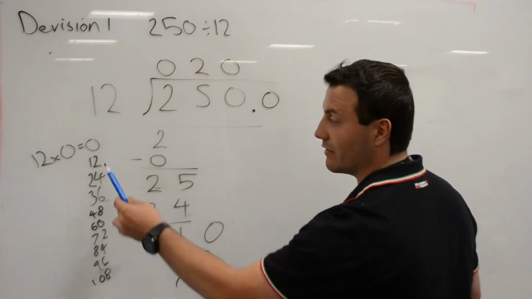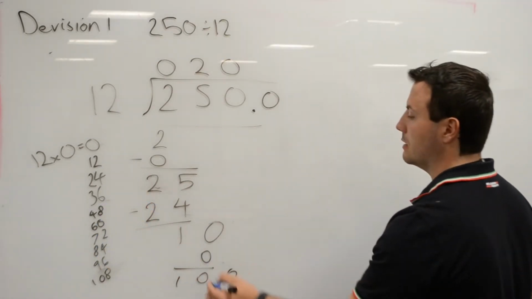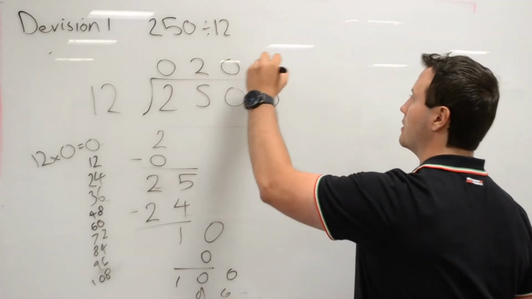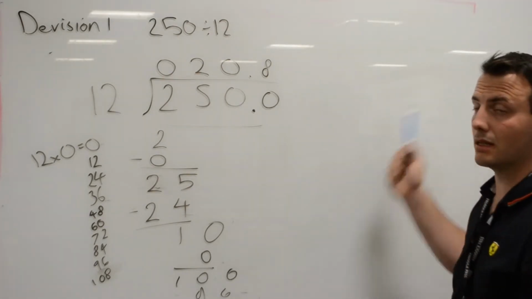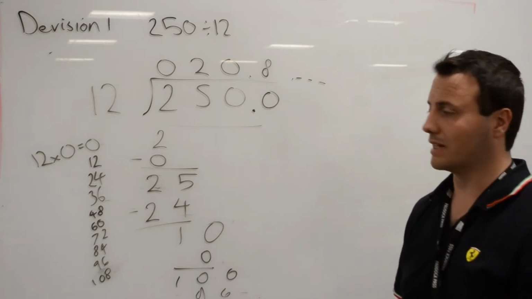So the largest multiple that fitted in was 1, 2, 3, 4, 5, 6, 7, 8. So it was 8 lots, and 96. And this is going to give us an answer which doesn't end, it keeps carrying on. So we'll leave this at 1 decimal place for now.